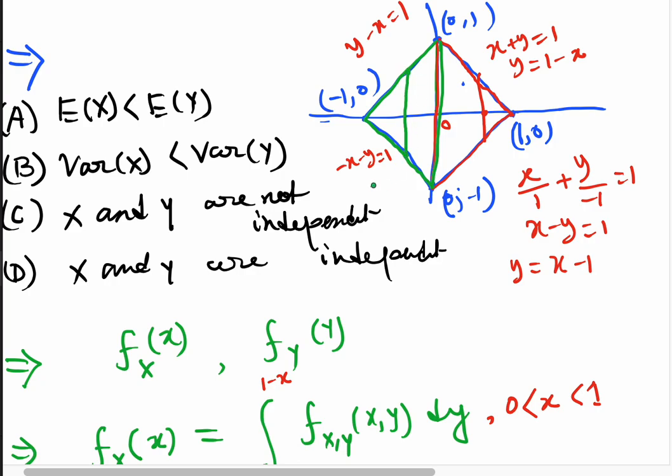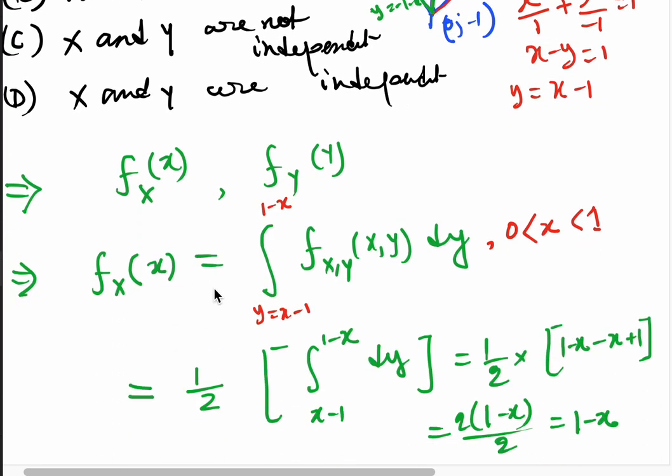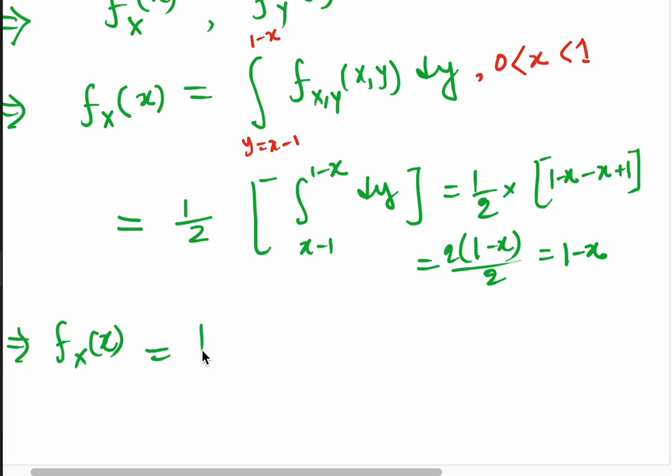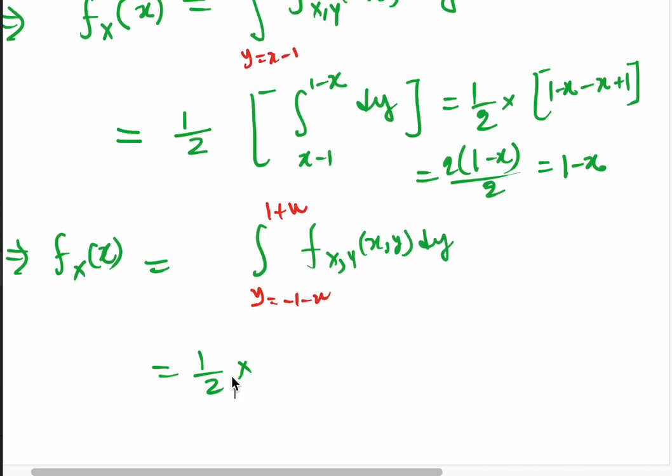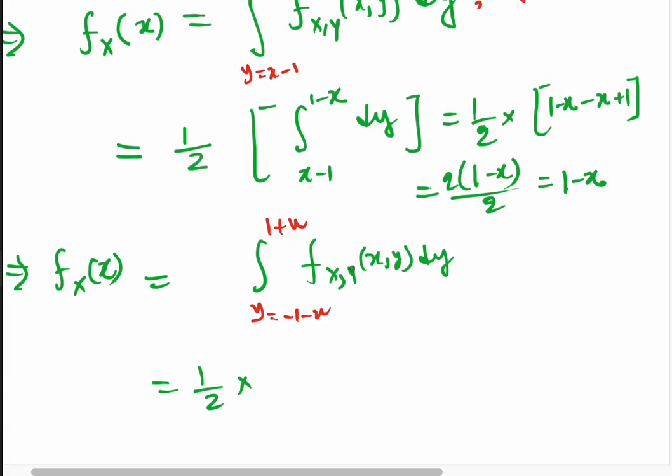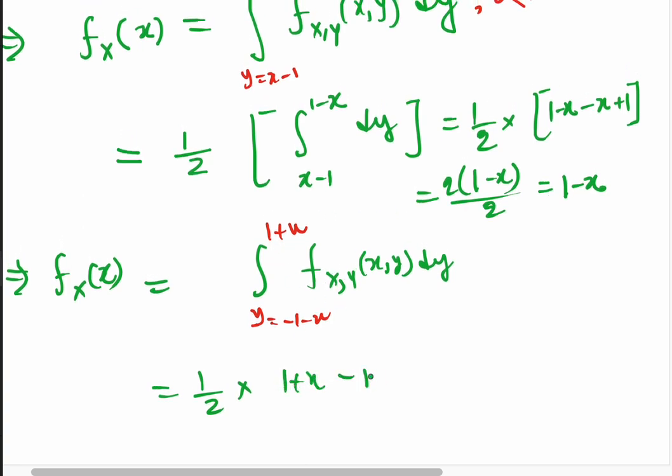Y can take values from -1 - x to 1 + x. So again it is half, the integral of dy from -1 - x to 1 + x, so half into 2(1 + x), which is 1 + x.